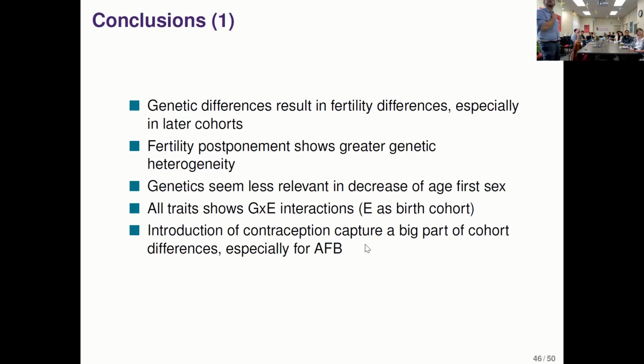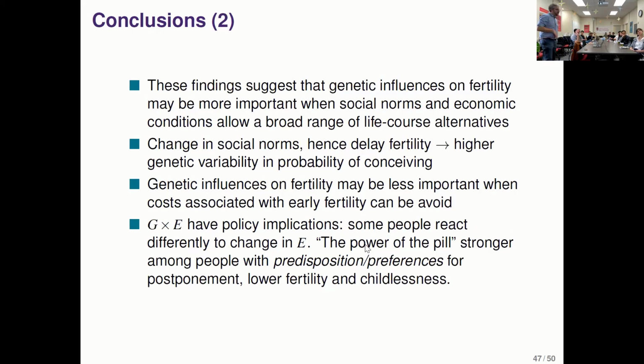For all traits we show G by E interaction. If we take the birth cohort as an environmental measure, we think that the introduction of contraception captures a big part of these differences, especially for age of first birth.